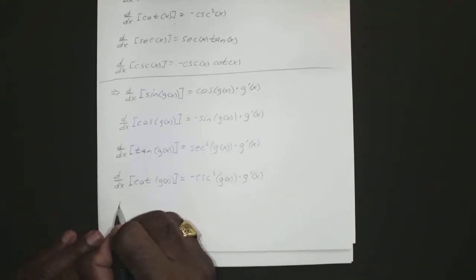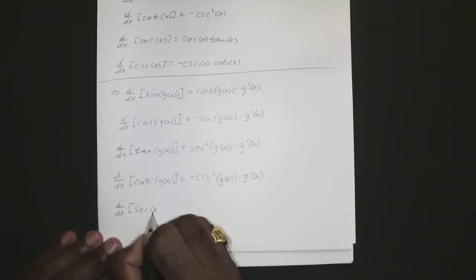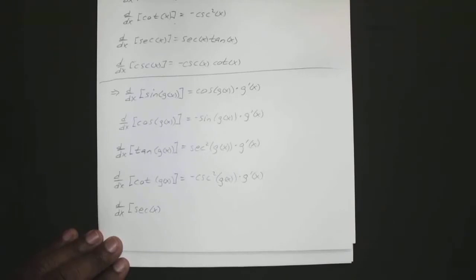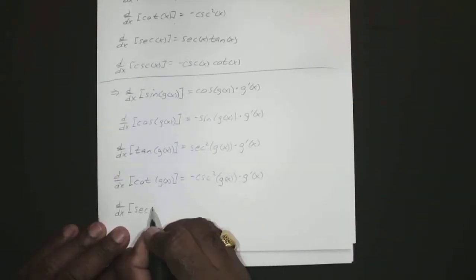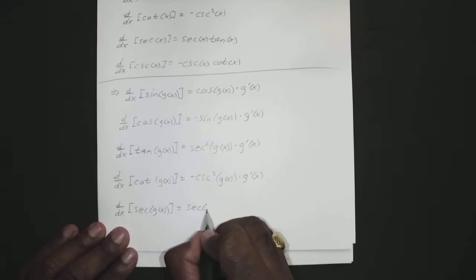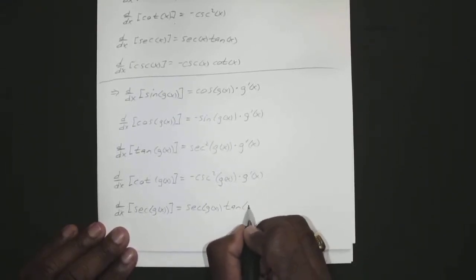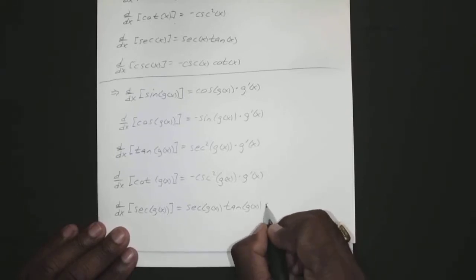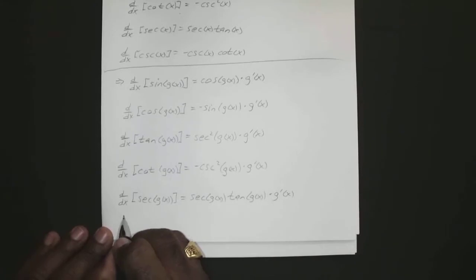Same thing with secant of g of x. So it's secant of g of x, tangent of g of x, times g prime of x, and cosecant is the same way.